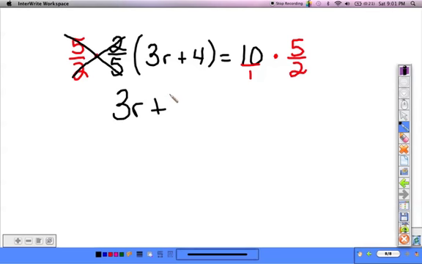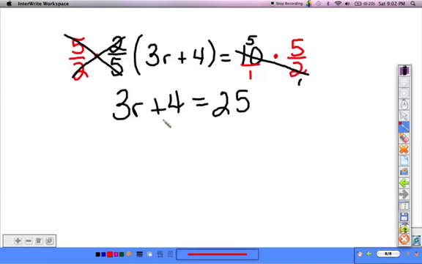So you're left with 3r plus 4. You can do it two ways. You can say 10 times 5 is 50, and 50 divided by 2, right, is 25. Or you can say 2 goes into 2 once, 2 goes into 10, 5 times. 5 times 5, you still get 25.